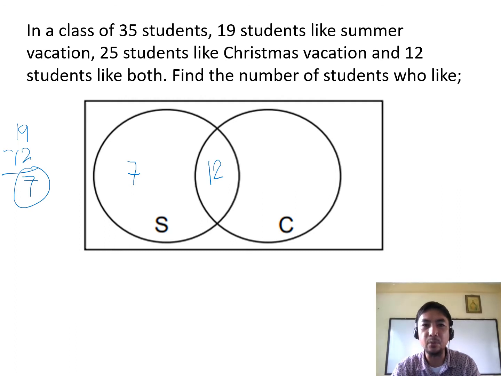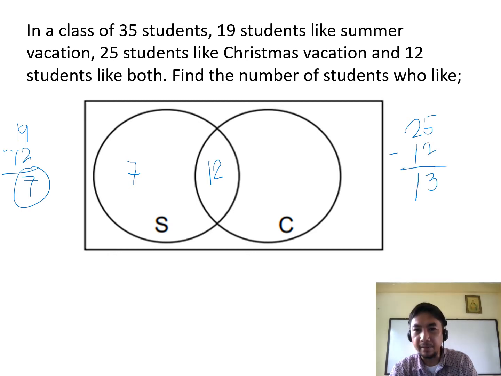Pero meron na tayong 12 na gumusto doon sa Christmas vacation. So, what we are going to do is to subtract 25 by 12 again. So, it will give you 13. So, ilalagay natin dito 13. 13 lang ang students na gusto ang Christmas vacation only.